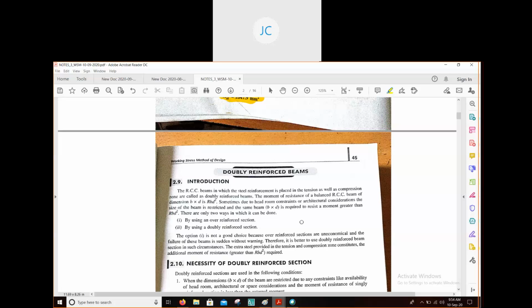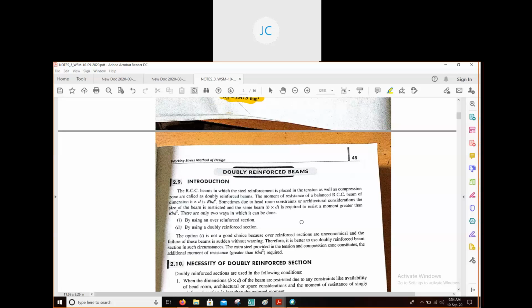If you provide reinforcement only on one side, since the moment is bigger than RBD square, your beam might fail. So to resist the extra amount of moment, we have to provide extra reinforcement both in the tension as well as compression side, and those reinforcements will resist the extra amount of moment.